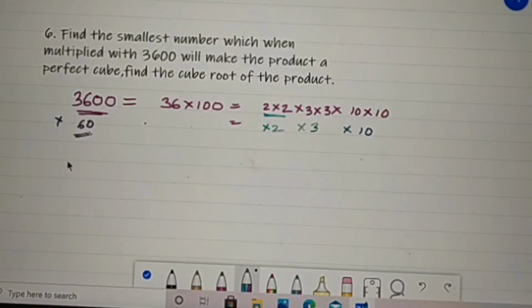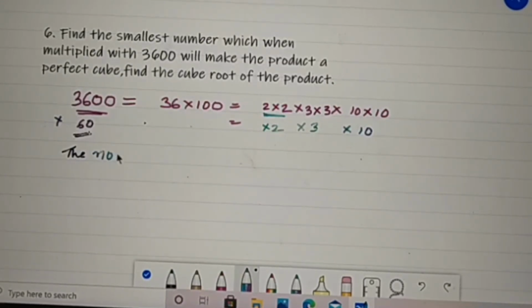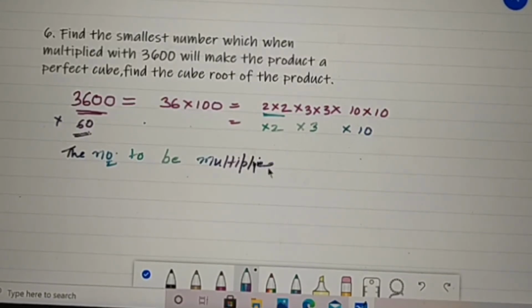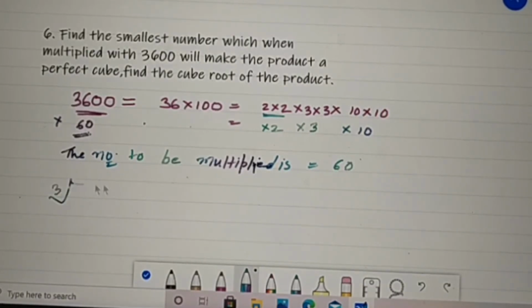So the number to be multiplied is 60, and the cube root of the product, that is 3600 into 60, is 60. Okay, so this is the answer.